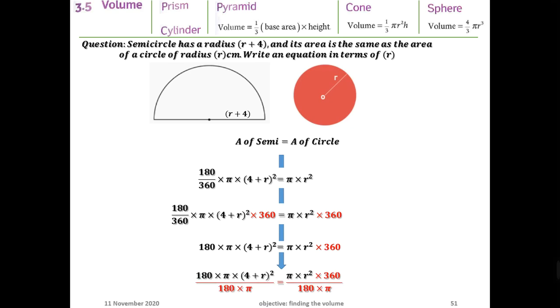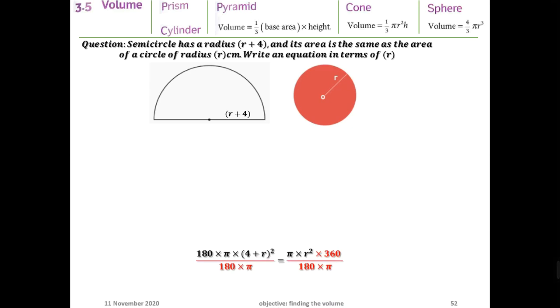I don't want you to find the value of 180 times pi, because basically we know it's going to be a recurring decimal number. So we can just divide by 180 times pi. So the 180 and pi on the left side of the equation are gone.